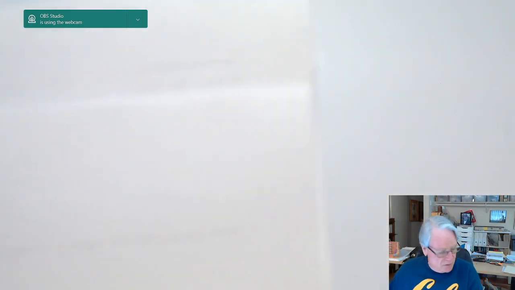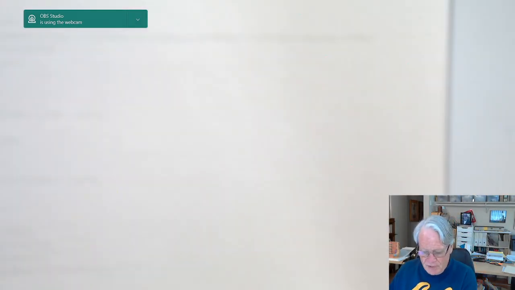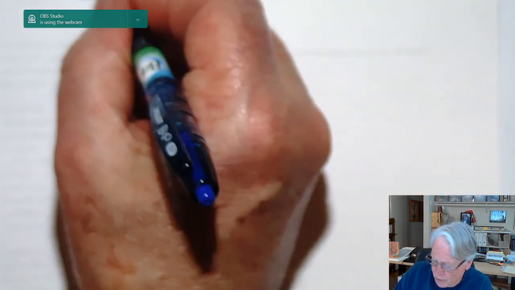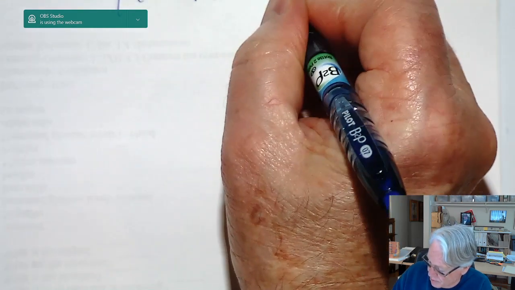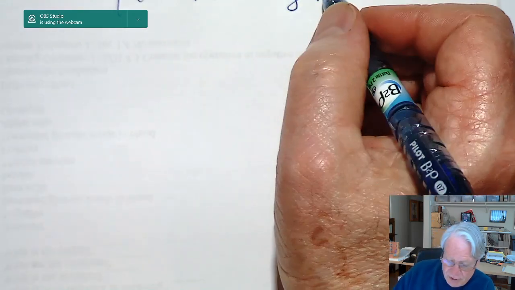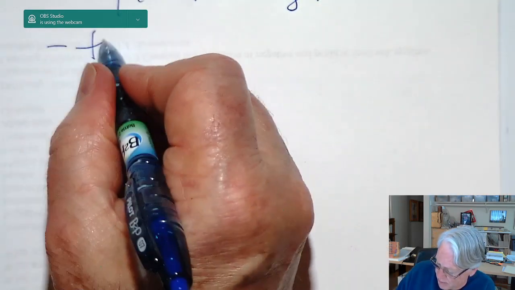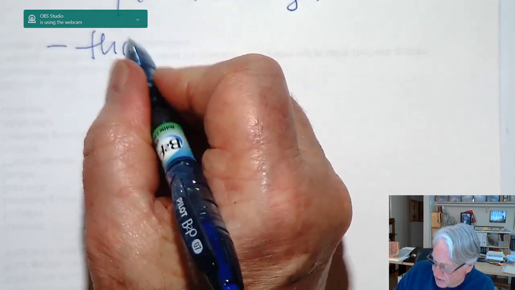All right, let's go through and talk about the epidermal layer and fill in some of the information. You already have this in your notes. I'm repeating myself here. This is going to be the epidermal layer, and I've got a couple of observations that we need to keep in mind.